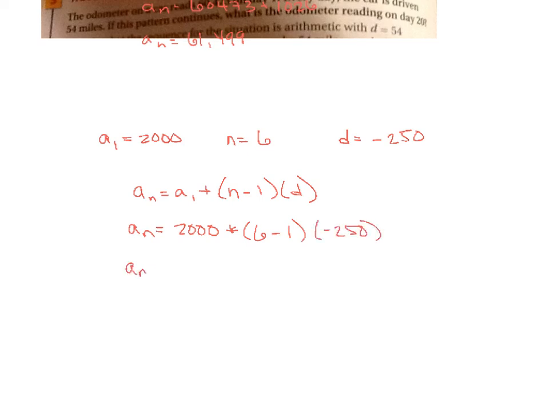And then we have 2,000 plus 5 times negative 250, following the order of operations. And then we're going to multiply: 5 times negative 250 is negative 1,250. And then we're going to add those, and we're going to get 750. So that truck is going to weigh 750 pounds after the 6th stop.